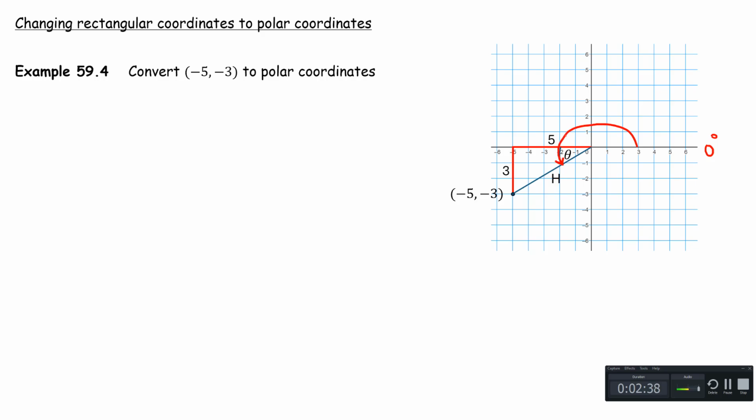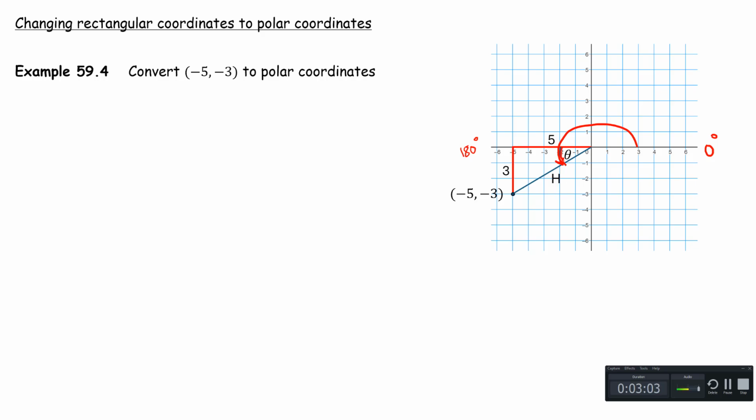So we're going to find theta, which is just the angle between the radius and the x-axis. And then when we're done, we'll have to add 180 to that because we're in the third quadrant, and going all the way around to there means I'm going to go 180 and then I'm going to go theta more. And so we have to find out what theta is.